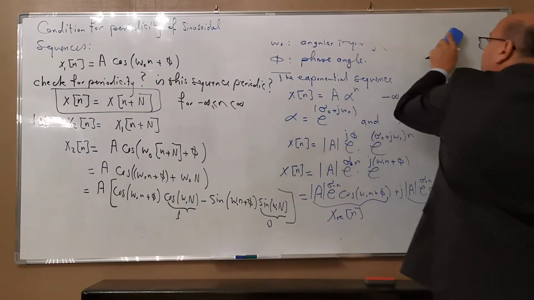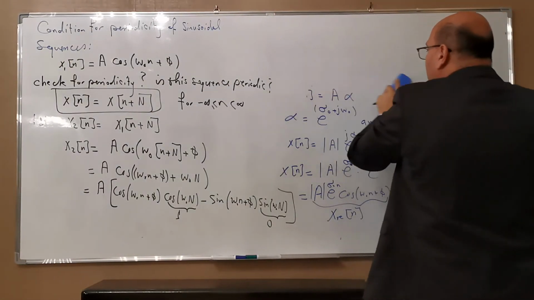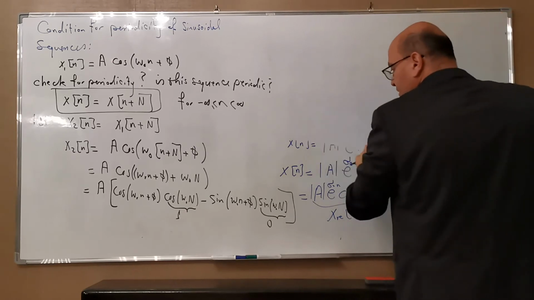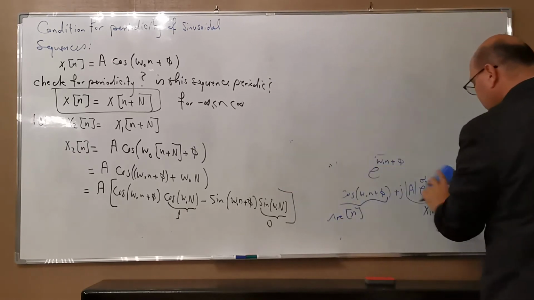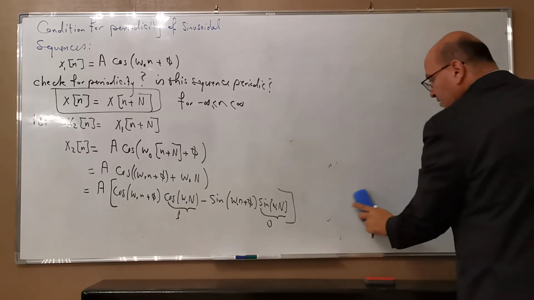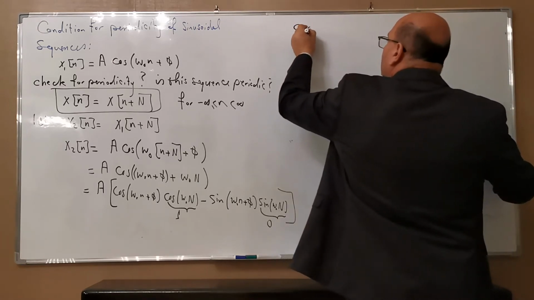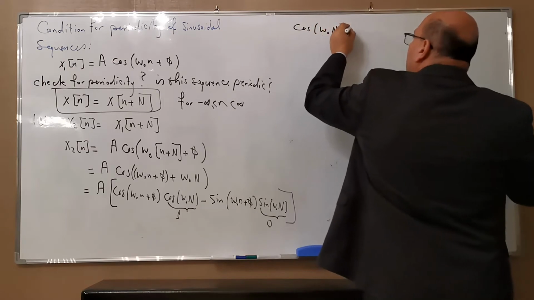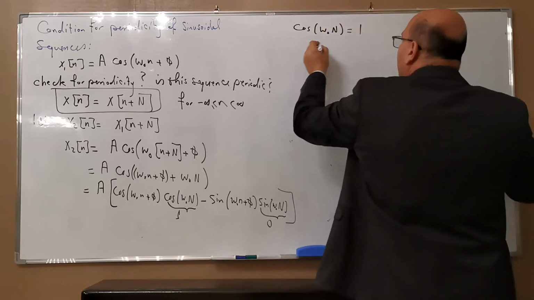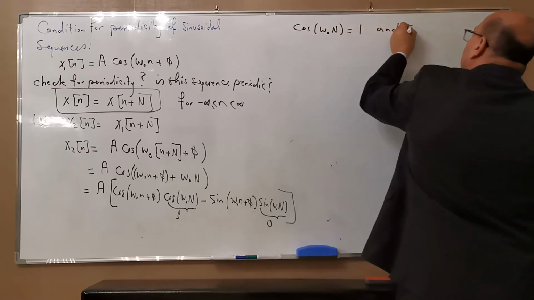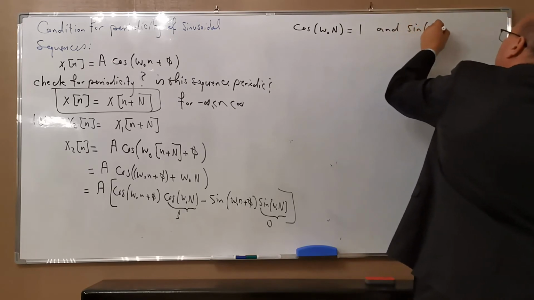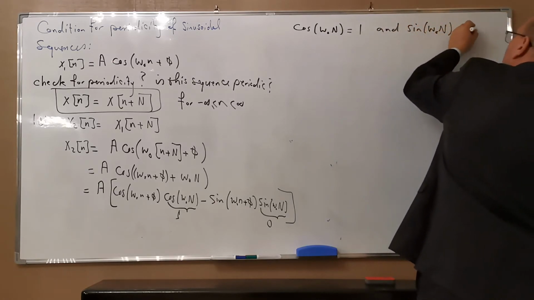So we need to find which angle. The two conditions: we need cosine omega 0 n equals 1 and sine omega 0 n equals 0.